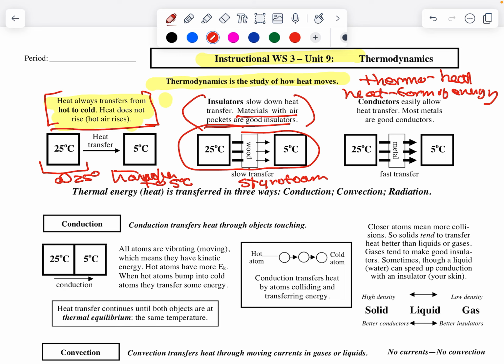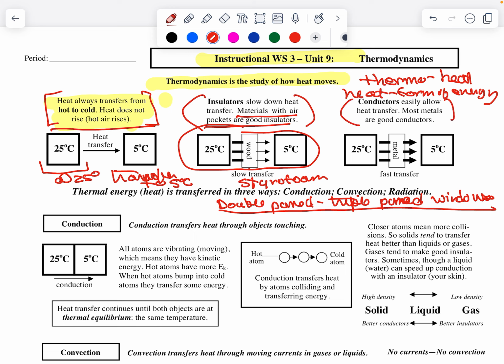Air in windows are good insulators, like if you have a double paned or a triple paned window. Those cushions or layers of air are good insulators. A conductor allows heat transfer, so most metals are good conductors, like aluminum and iron. Those would all be good conductors.